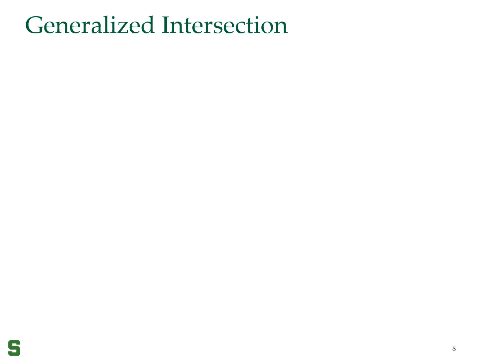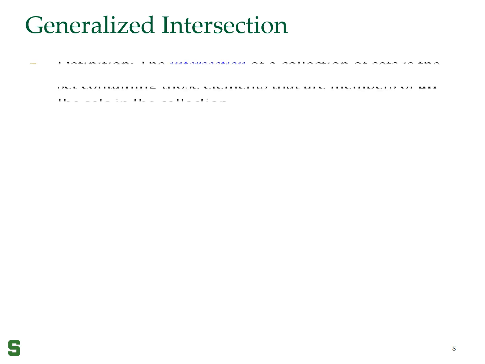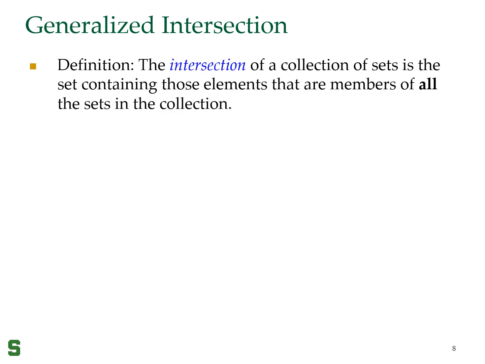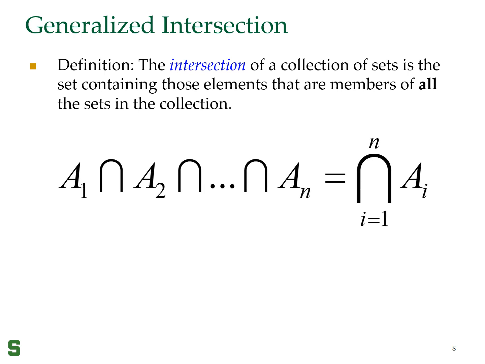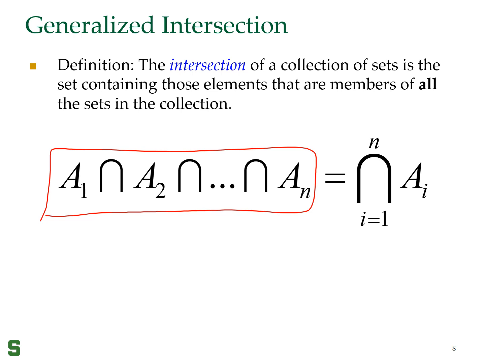We can generalize intersection in the same way. So the intersection of n different sets A1 through AN is represented by this notation as a shorthand, which is intersection from I equal to 1 to n of set AI, and this will include only the elements that are in all the sets A1 through AN.